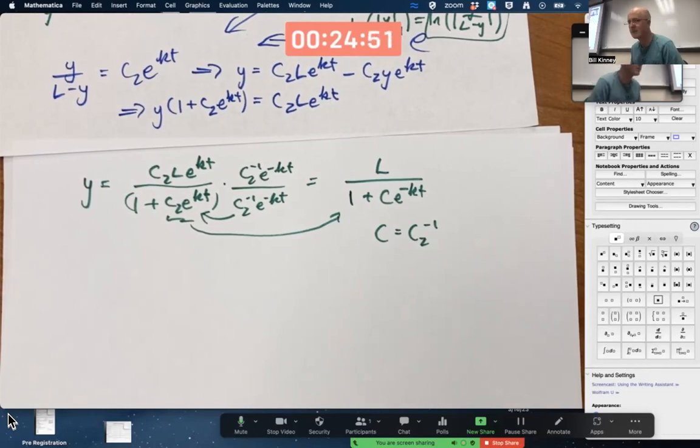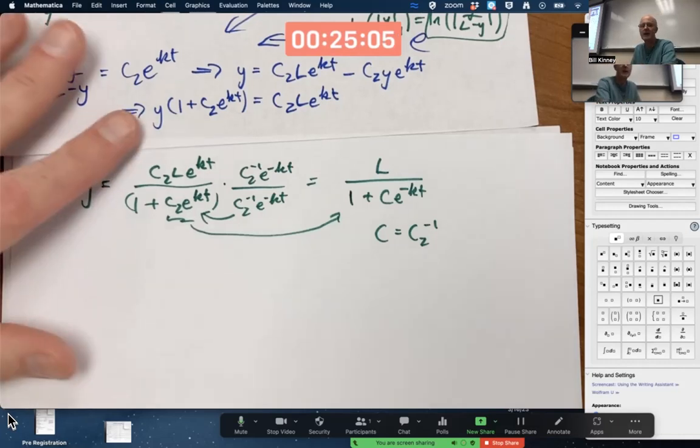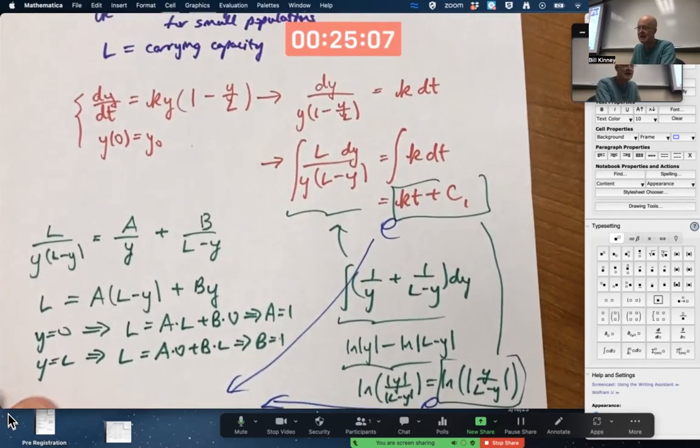However, it does suffer from a defect. Same defect that we saw in an example last week, in that it doesn't include every possible solution. It misses one solution. It misses the equilibrium solution at y equals 0.